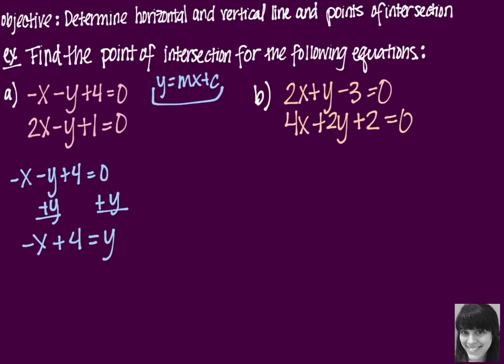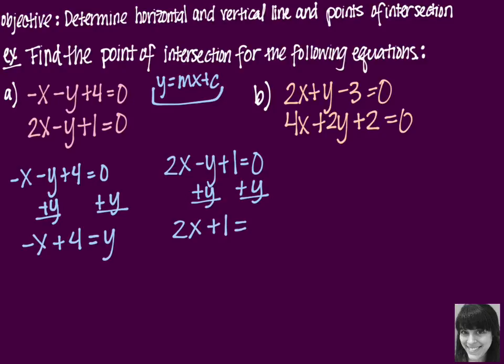Now I'm going to do the second equation. I have 2x minus y plus 1 equals 0. Again, I'm going to solve for y because that's the form that I wanted. So I'm just going to add y on both sides because that seems like the easiest solution. Then I get 2x plus 1 equals y.